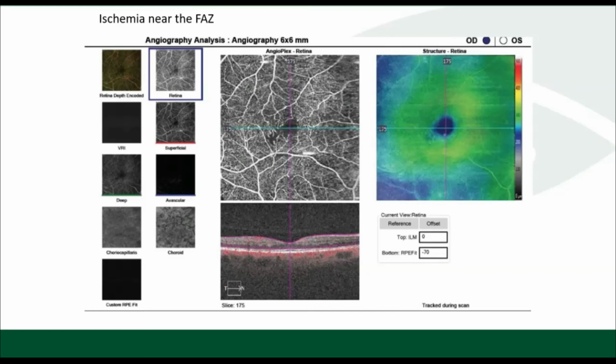But when it comes to analysis of the macular ischemia, enlarged FAZ, and dropout of the capillaries, I think that OCT angiography is superior when it comes to diabetic patients, because you can really see the areas of ischemia and you can show it to the patient and educate the patient as well.